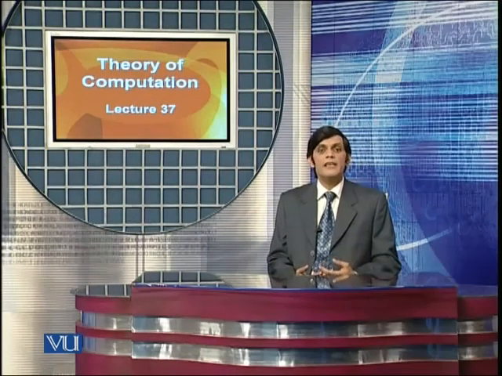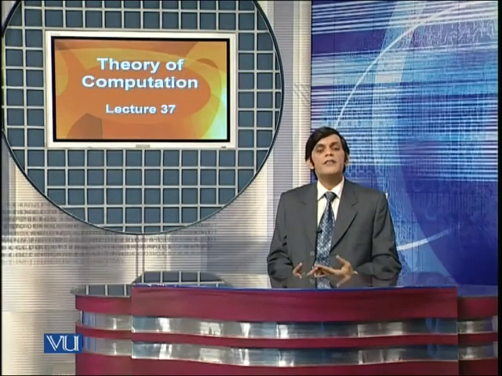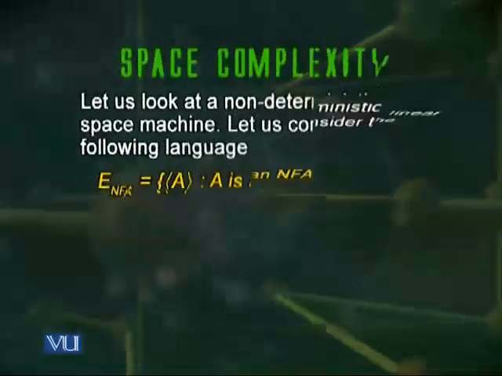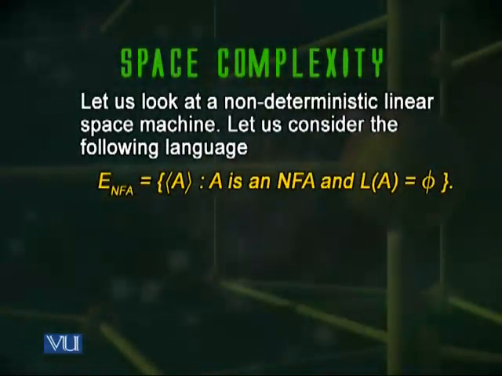The second thing we did was we looked at the emptiness problem for non-deterministic finite automata. And then we devised a non-deterministic linear space algorithm for it. Let's revise what we did and see what it tells us. Here we look at a non-deterministic linear space machine.